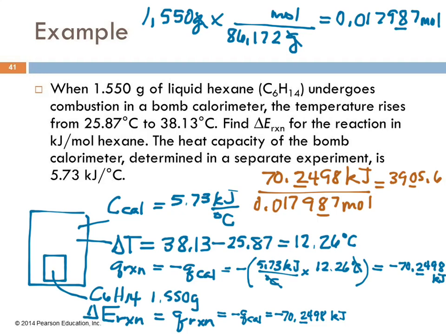That means I should put this in scientific notation before I round it off so I don't do something stupid. Times 10 to the 1, 2, 3. Now I can round it here and get 3.91 times 10 to the third kilojoules per mole.